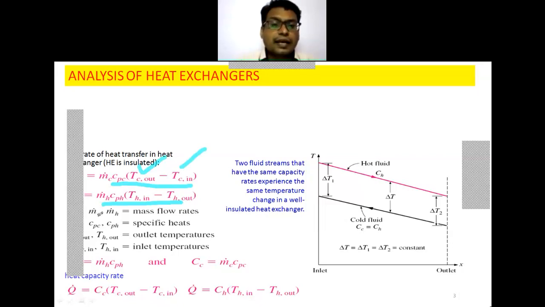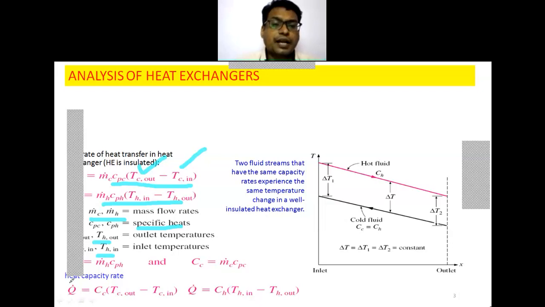Here Mc and Mh are the mass flow rates in kg per second, and Cpc and Cph are the specific heats. Th out and Tc out are the outlet temperatures for the hot and cold fluid, and Th in and Tc in are the inlet temperatures for the hot and cold fluid.